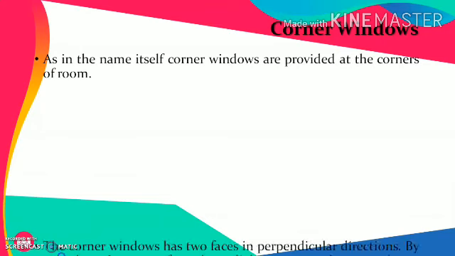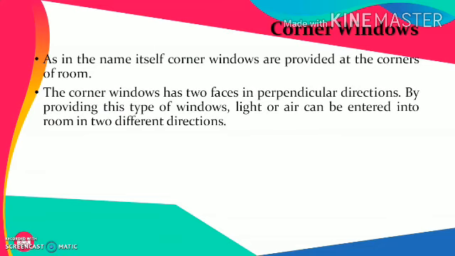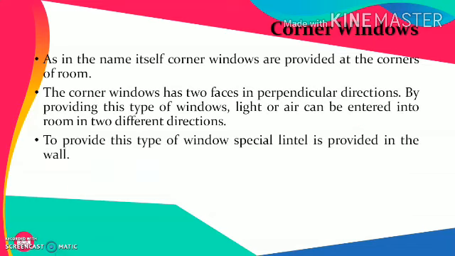Next is the corner window. As the name itself suggests, corner windows are provided at the corner of the room. The corner windows have two faces in perpendicular directions. By providing this type of window, light or air can enter the room from two different directions. To provide this type of window, a special lintel is provided in the wall.